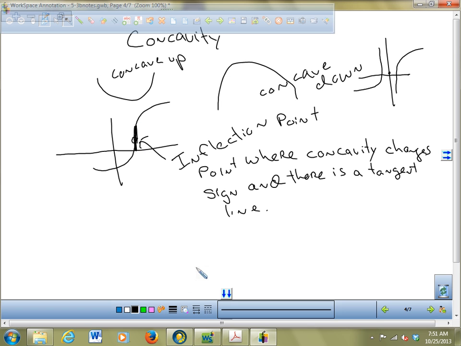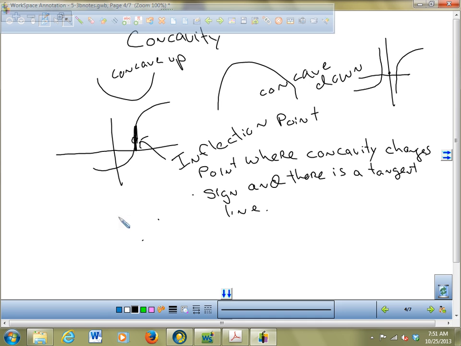But you couldn't have it doing something like this, straight and then curving, because it wouldn't have a derivative there if the slope changes abruptly, or if you have an asymptote, or if you have a hole in the graph.